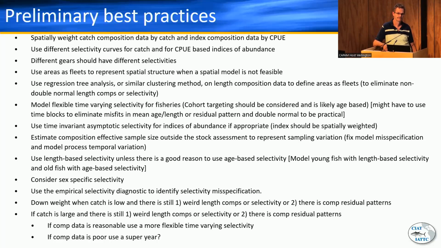So yeah, they lose some obvious resolution by aggregating everything, but they get the time variability, and at least for their data sets, where they have pretty high quality age compositions, it seems to be a reasonable way to go.